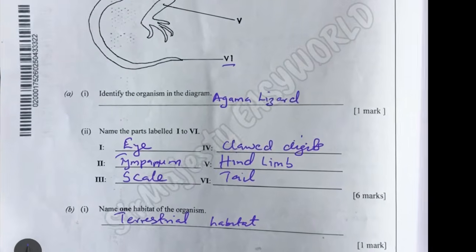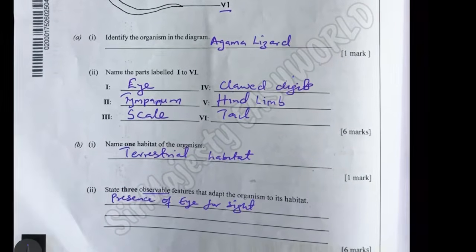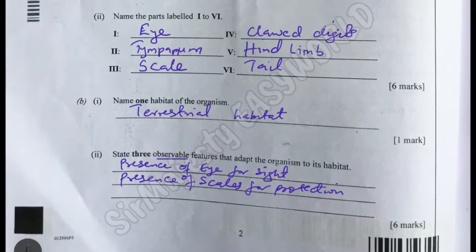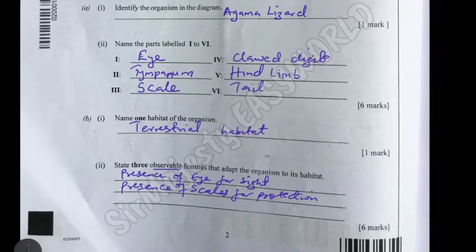Then we also see the scale, presence of scales for protection and to prevent desiccation, that's the body from drying up since it's a terrestrial organism. Then presence of tympanum for hearing or for detection of sound waves.